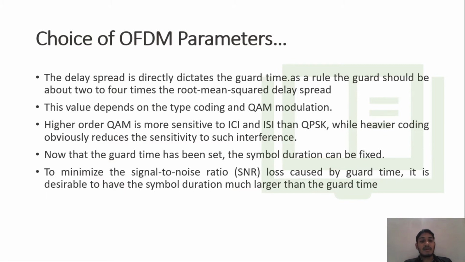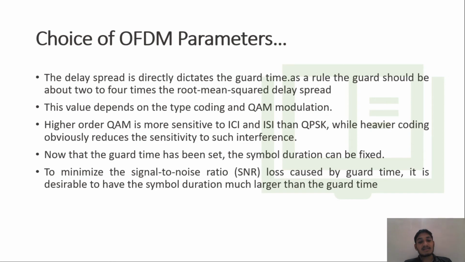This value depends on the type of coding and the QAM modulation. Higher-order QAM is more sensitive to ISI and ICI than QPSK, while heavier coding obviously reduces the sensitivity to such interference. Now that the guard time has been set, the symbol duration can be fixed.